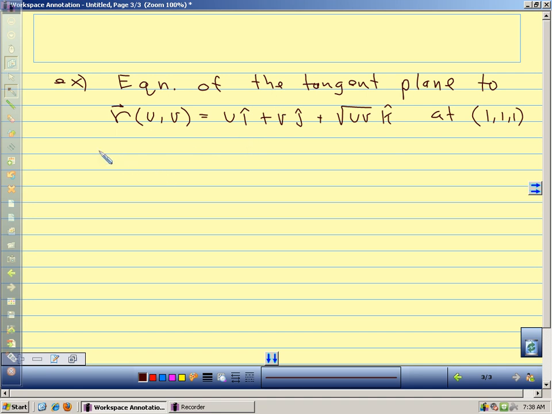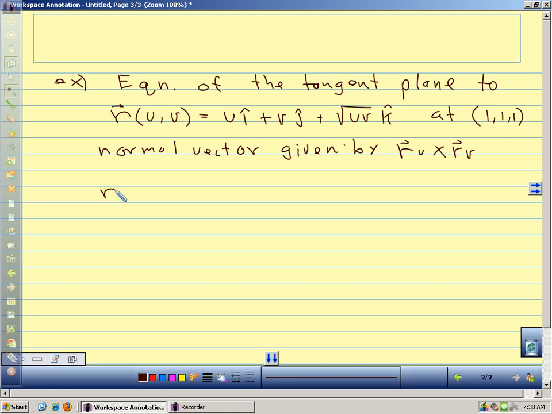So our normal vector is given by our cross product, r sub u cross r sub v. So we need to calculate some partial derivatives.